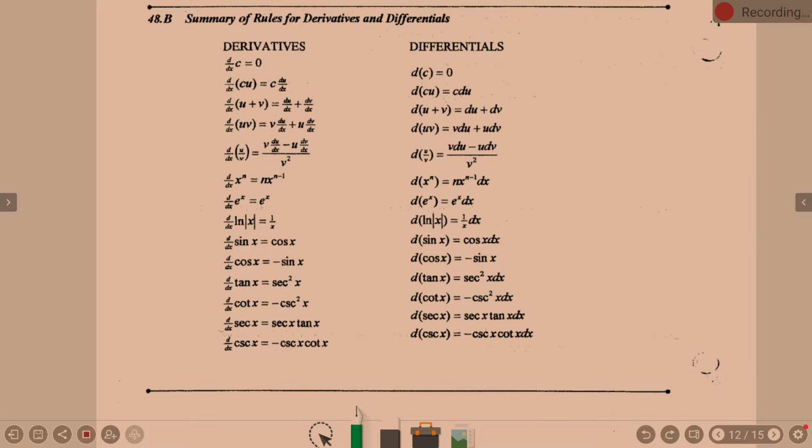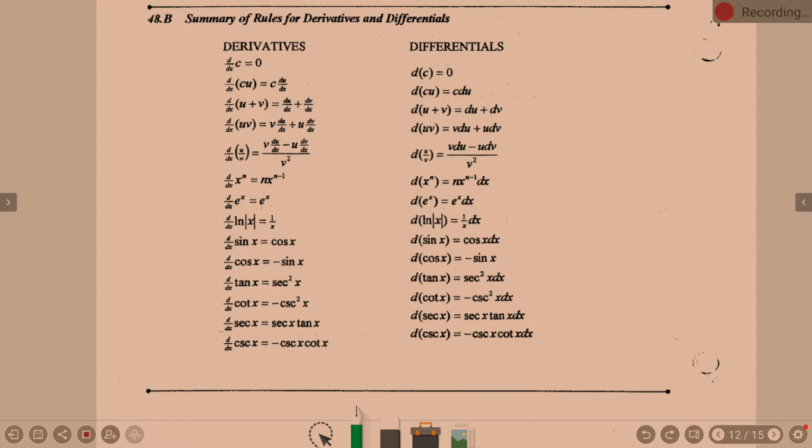Quotient rule, a fancy way of writing it: derivative of the numerator times the denominator minus derivative of the denominator times the numerator, over the denominator squared. Or what I call the power rule: when you have derivative of x to some power, move the power out front, subtract 1 from the power.